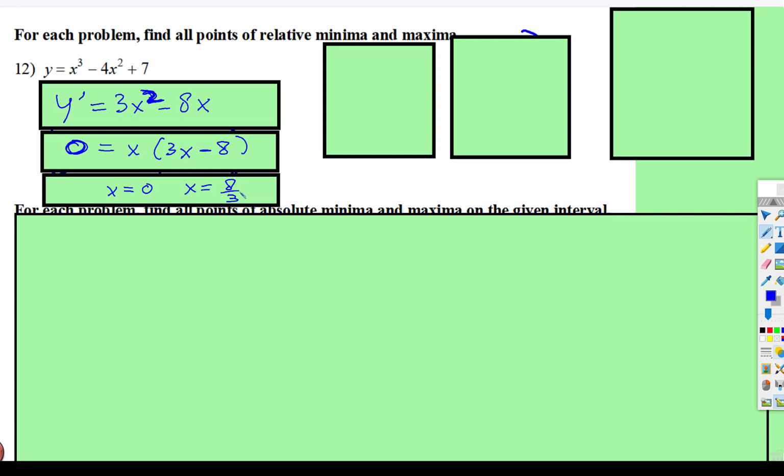Well, so you're going to say f of 0 is equal, and then you're going to do this. Well, in here, let's do this.